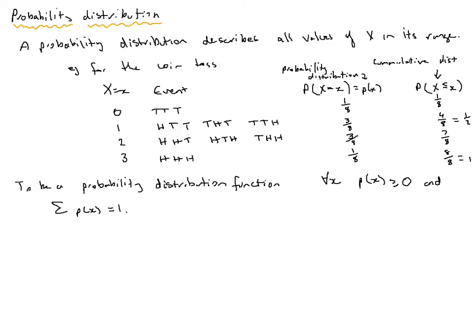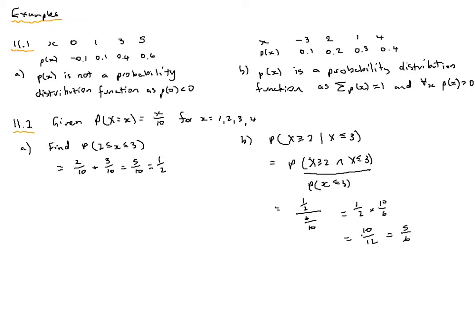I should go back for a second. If we can ever establish that this is not true, either this or this, it's not a probability distribution function. So let's have a look at the first case that we're given in the examples. Just by eyeballing the distribution, we can tell that this is not a probability distribution function because p(x) equals negative 0.1 here.